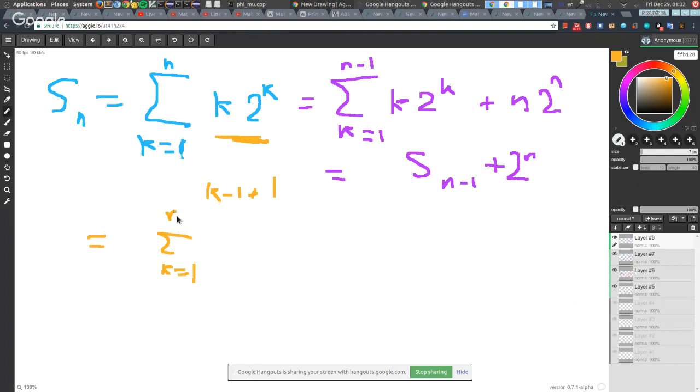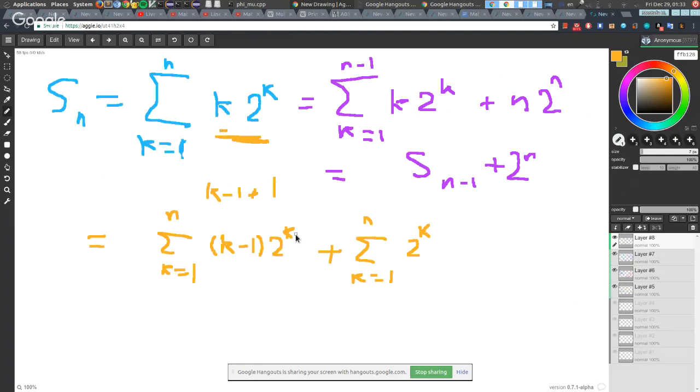So I end up having this expression, k minus 1 or k plus the same summation. So this is just a separation of this part.